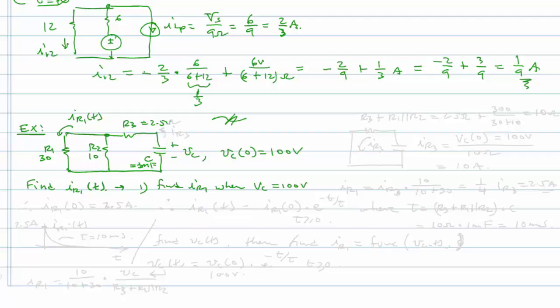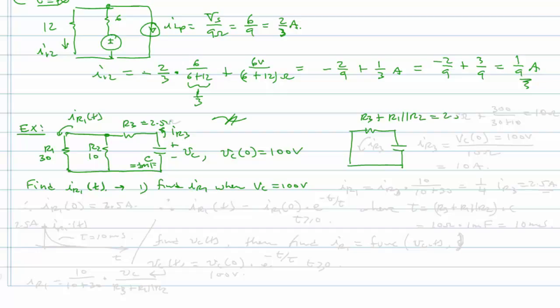Okay. Well, we're going to do that in 2 steps here. I'll label this IR3. I want to see what the capacitor sees in terms of resistance when it looks into those 3 resistors. It sees R3 plus R1 in parallel with R2.